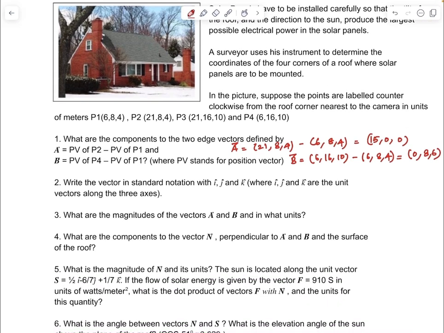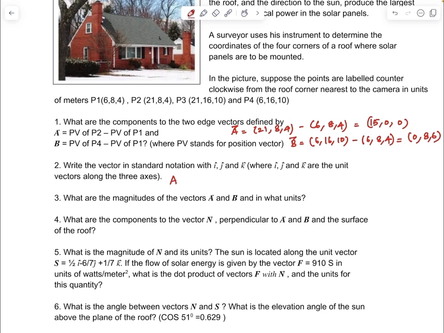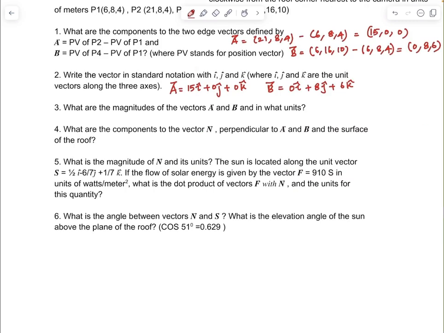Question 2. Write the vector in standard notation with i, j and k. So A vector will be equal to 15i plus 0j plus 0k. Same way, B vector is 0i plus 8j plus 6k. Question number 3.